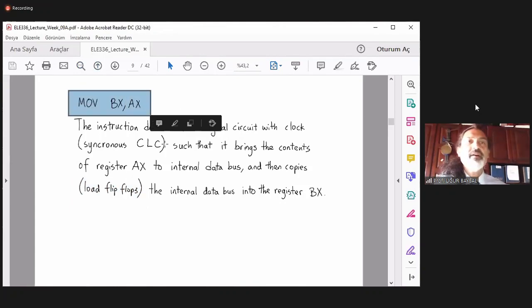So what's happening in this simple move command, on the very low hardware level, is transferring the contents of AX electrically to the bus and copying them, charge-wise, to another register. That register is actually an array of flip-flops, so you load some value into the associated flip-flops. That's what's happening.